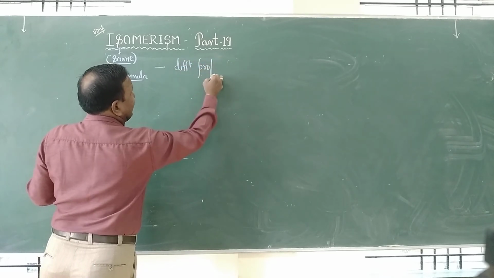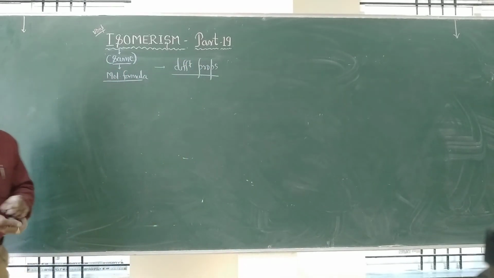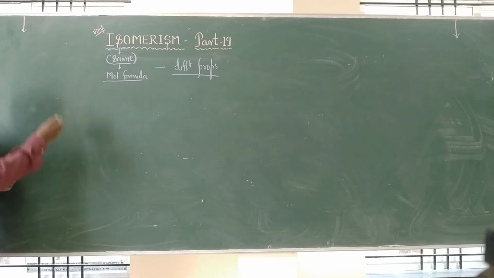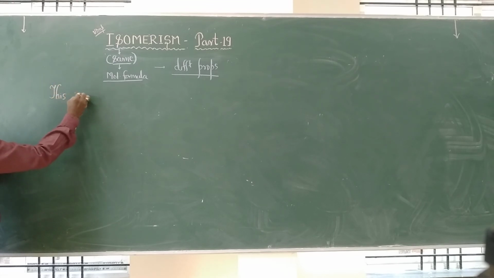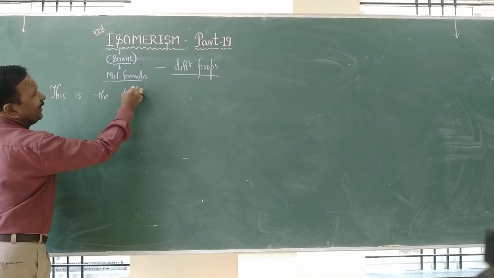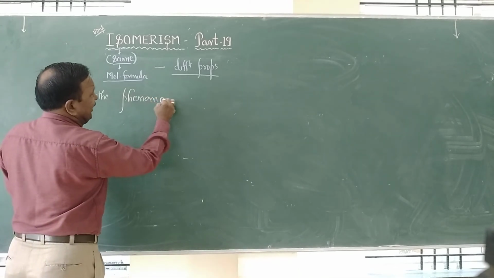This is what you have to remember. So isomerism is a phenomenon. How do you give the definition for isomerism? This is a phenomenon, a procedure or a method.